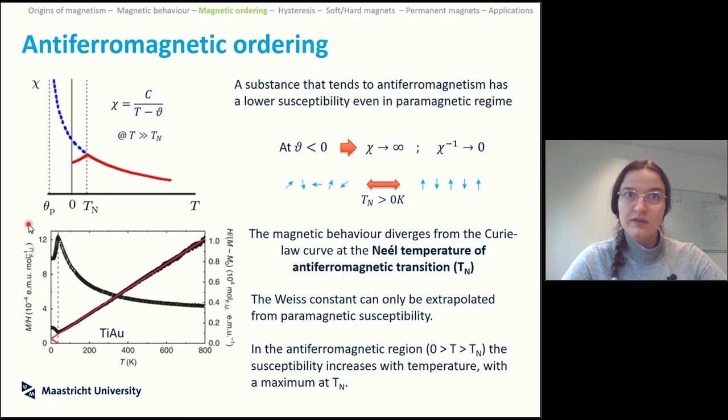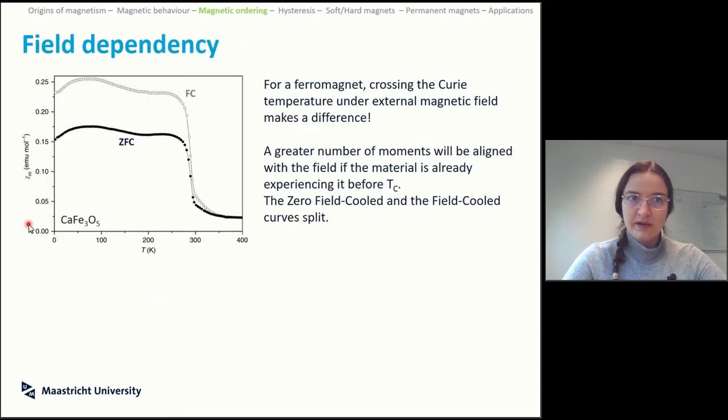Now, this was the temperature dependency. You can also have dependency as a function of field. In a ferromagnet, when you cross the Curie temperature, it does make a difference whether you do it under magnetic field or away from a magnetic field.